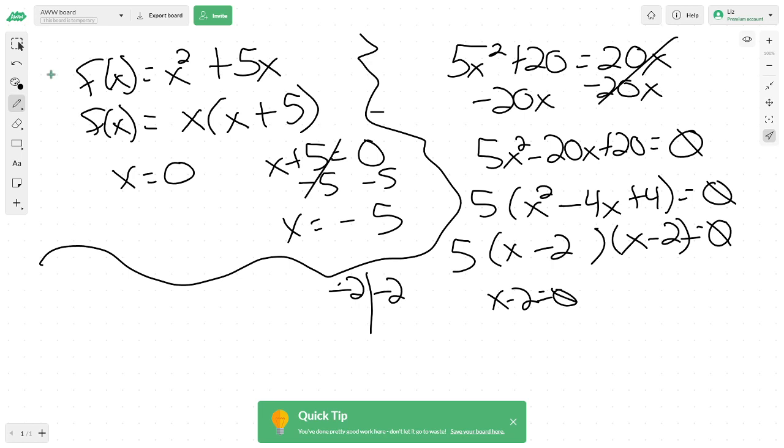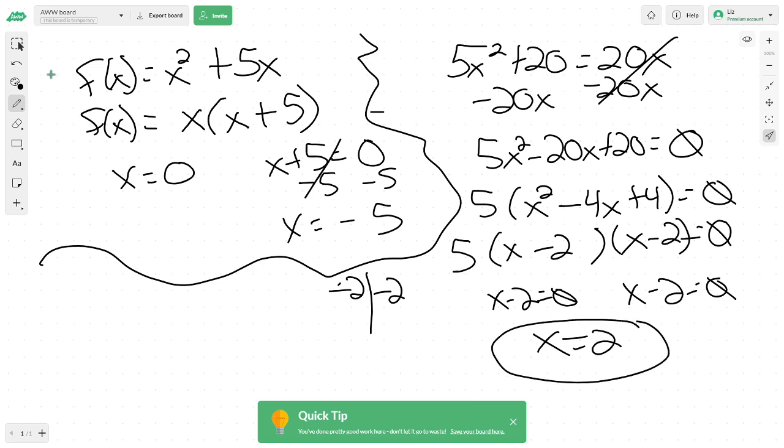But x minus 2 equals 0, or x minus 2 equals 0. They're the same thing, so x is going to equal 2. If you graph it, you'll see an equation that looks like a smiley face where the vertex, or the bottom, touches x equals 2.